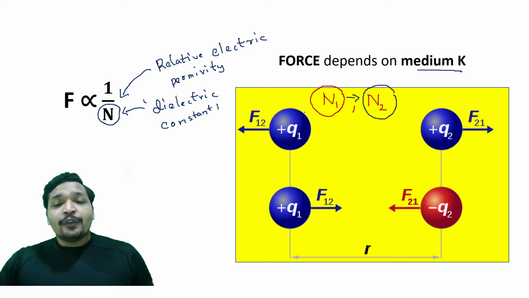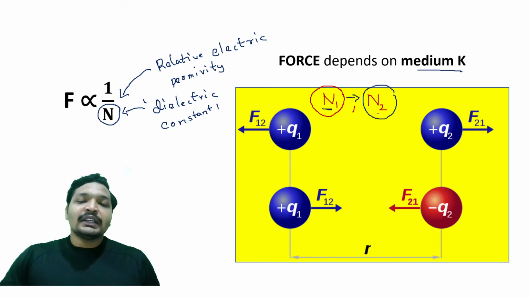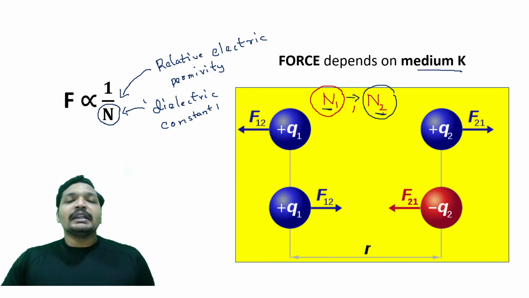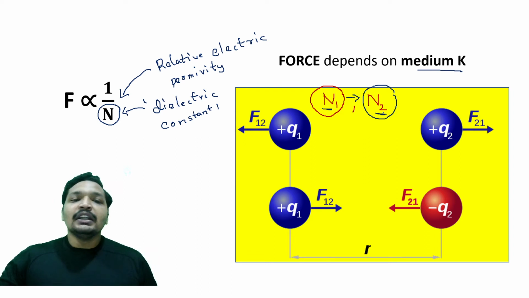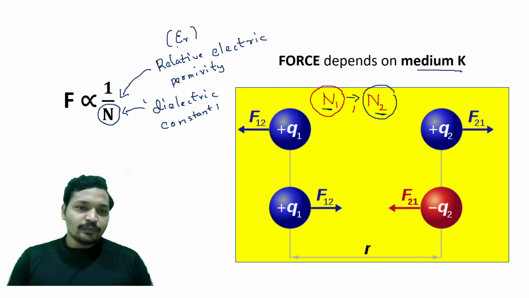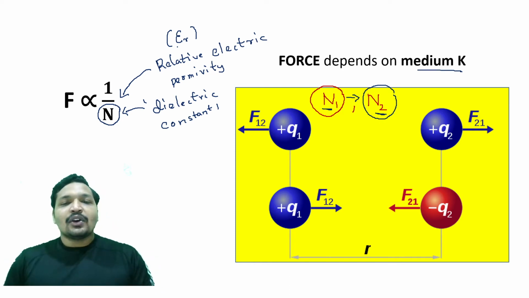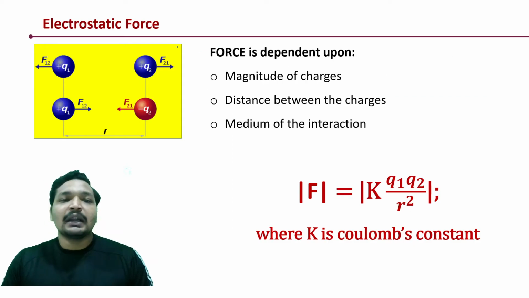Less would be the force of interaction between them. The less the relative permittivity, what would happen? More would be the interaction between them. And air has an electric permittivity, which can also be indicated with the symbol epsilon r, and air has a relative permittivity of 1. That's all about the different things on which electrostatic force is dependent.